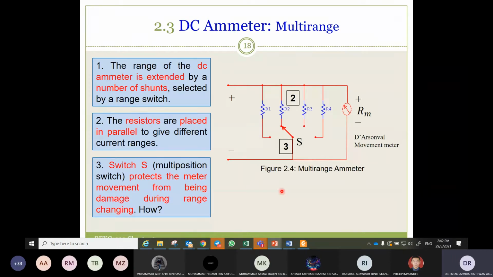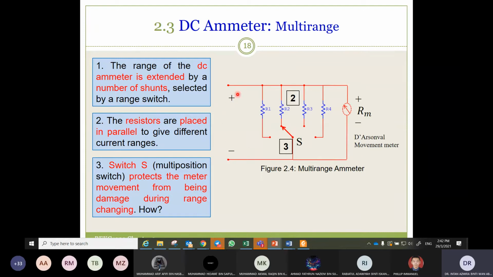Previously we learned about the single range ammeter. Now this is the multi-range ammeter, so in a multi-range ammeter we have different R shunts: R shunt 1, R shunt 2, R shunt 3, and R shunt 4.